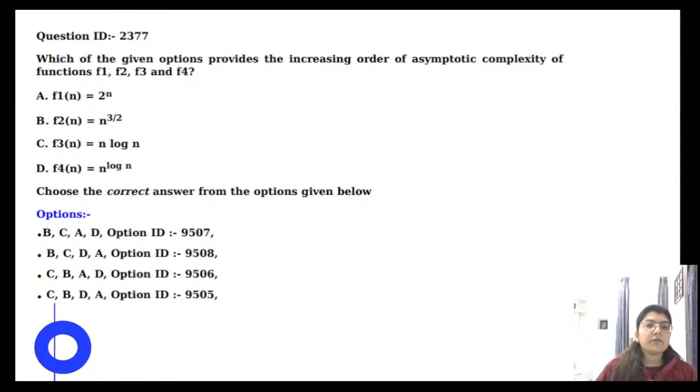Okay, which of the following options provides the increasing order of asymptotic complexity of functions f1, f2, f3, f4? Increasing order में आपको बताना है, ठीक है.